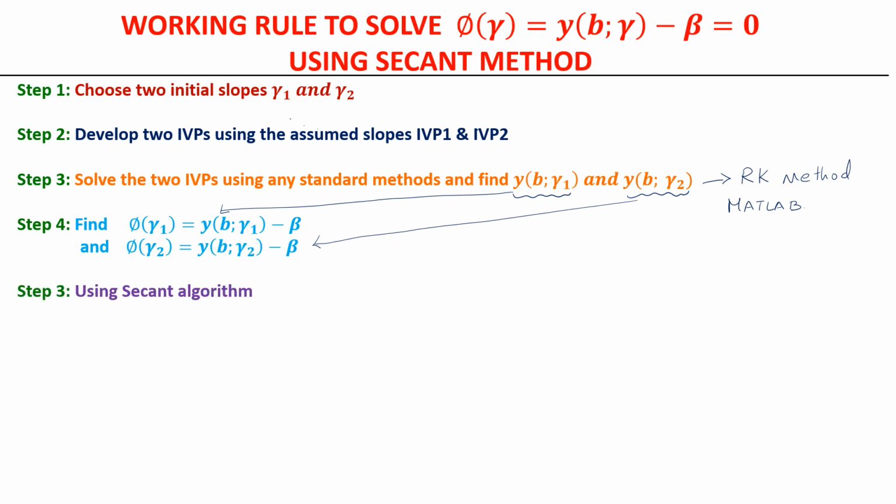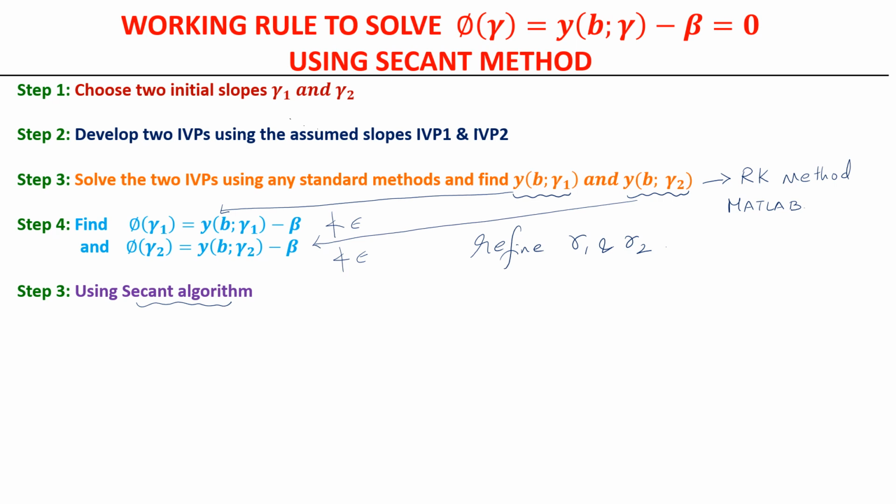If not, what we need to do is refine gamma 1 and gamma 2. We find that this is not less than epsilon, and if it is not so, that's when the secant algorithm or the secant method comes into the picture.